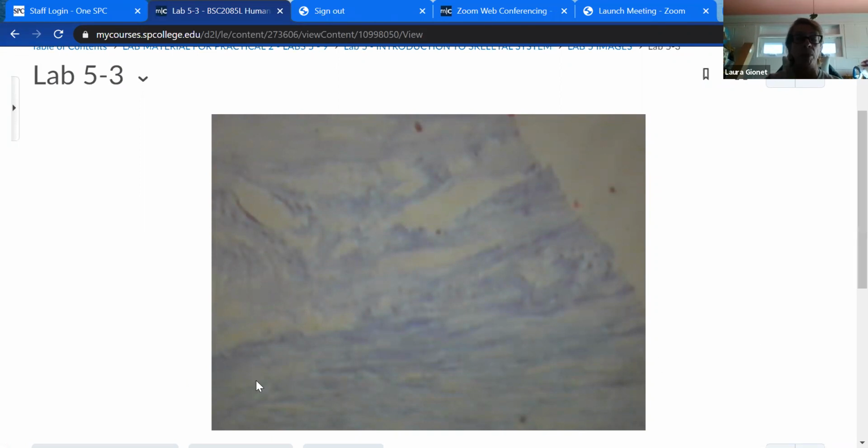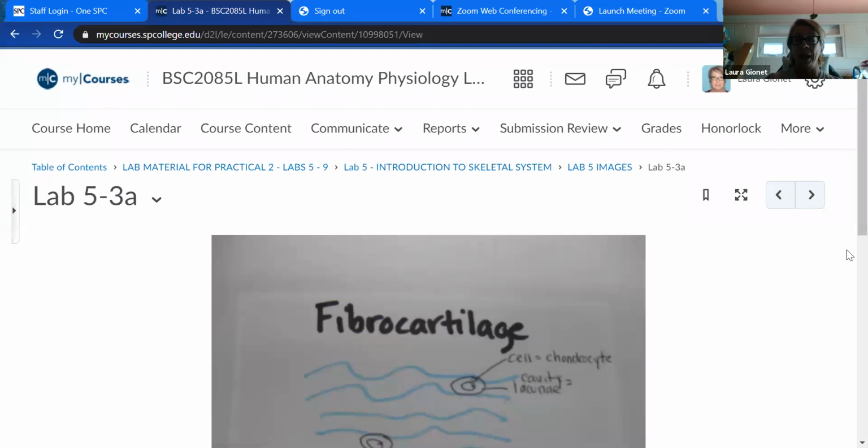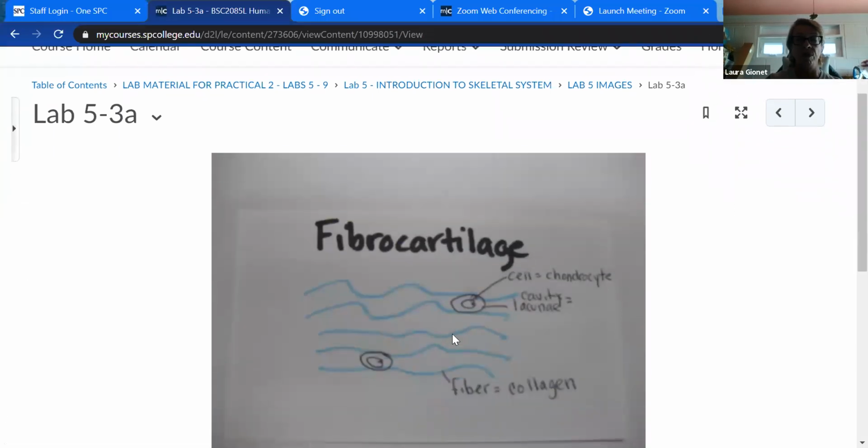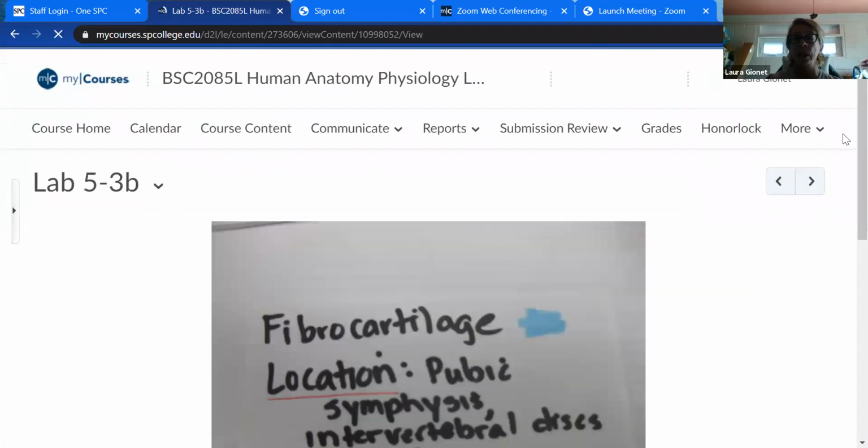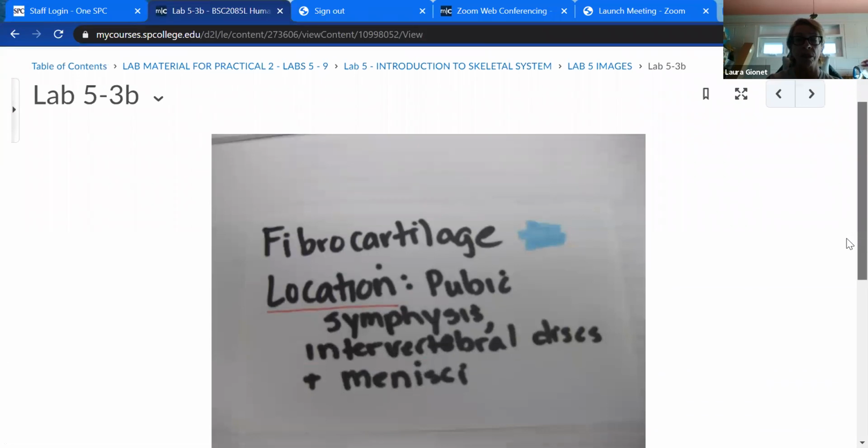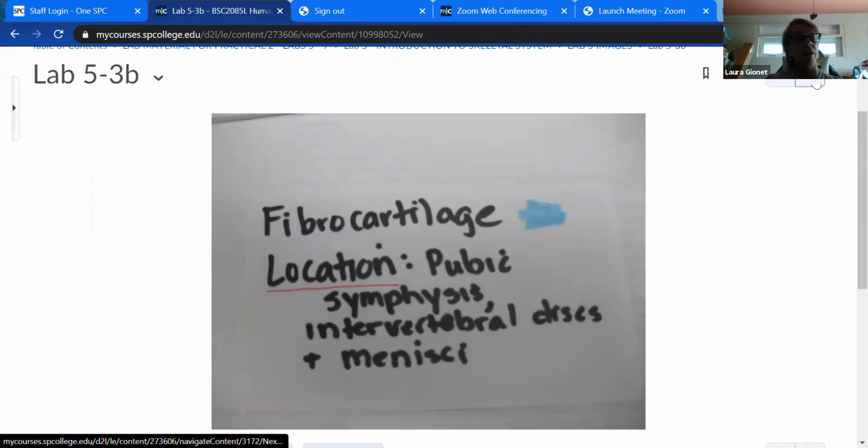All right, this is fibrocartilage, collagen fibers waving, waving, waving like a Van Gogh painting. So we have the light blue collagen fibers. We have a chondrocyte sitting in its lacunae, same cells. And then we have locations: intervertebral disc, pubic symphysis, or the menisci of the knees.